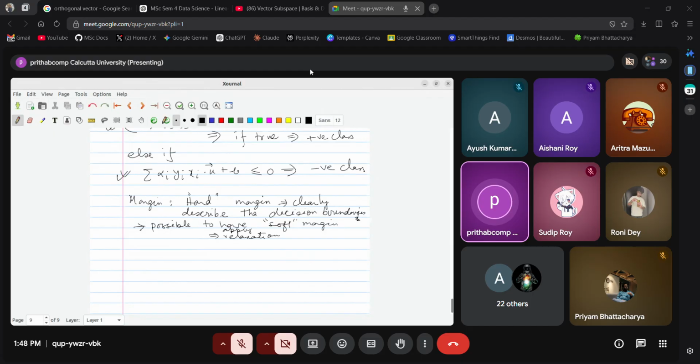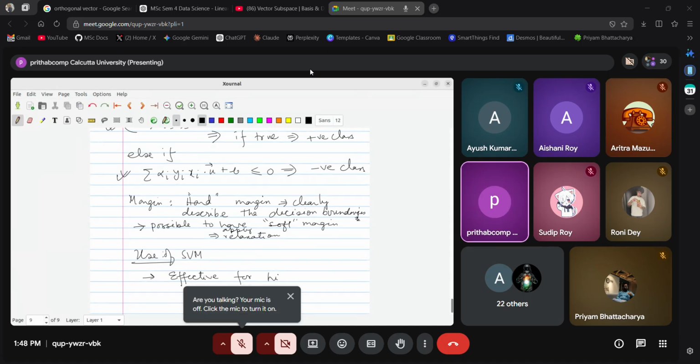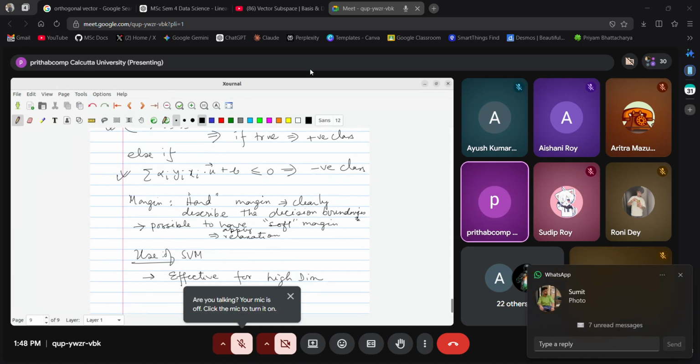And when should you use SVM? Obviously when you have a high dimensional data set, it is effective for high dimensional data.